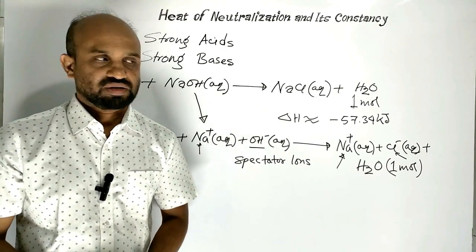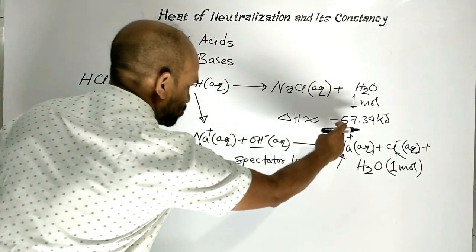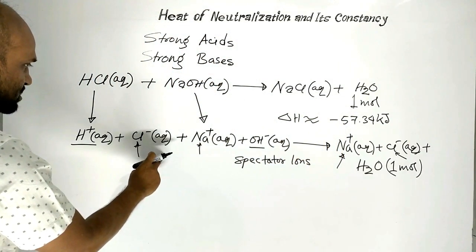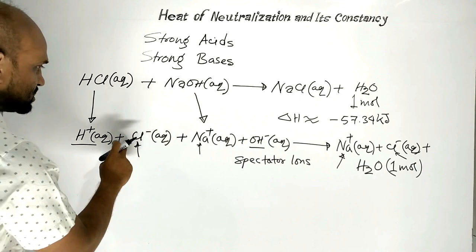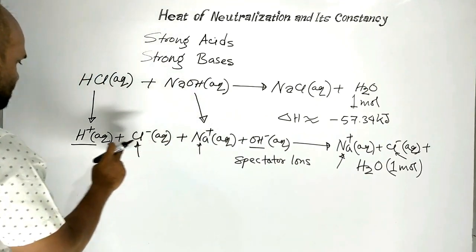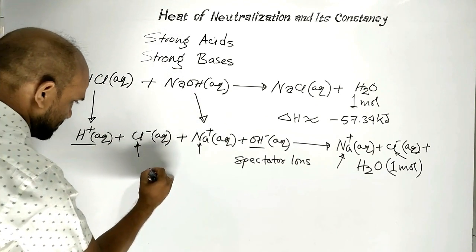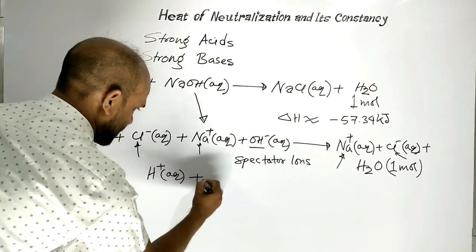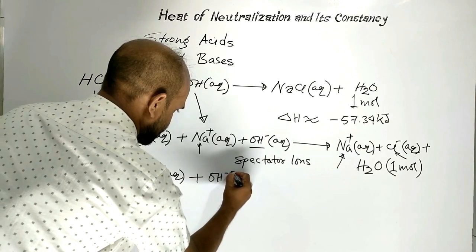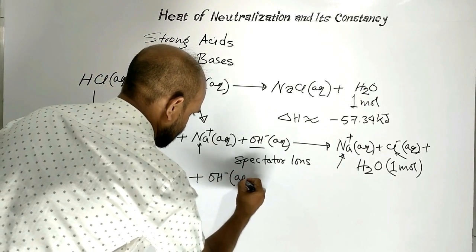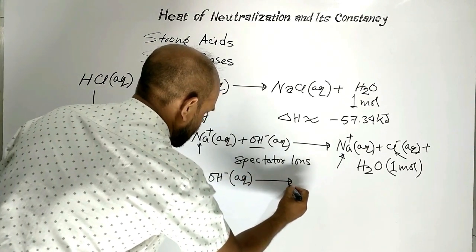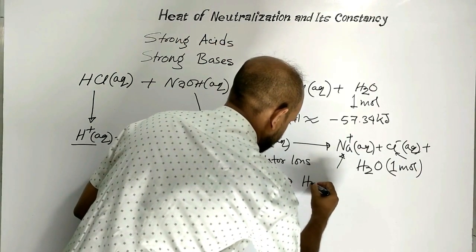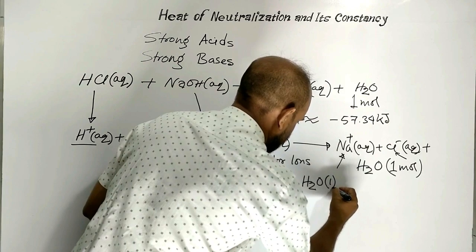Here we are going to see what the source of the heat in this reaction is. Leaving out the spectator ions, the proton and hydroxide ion combine with each other to form water.